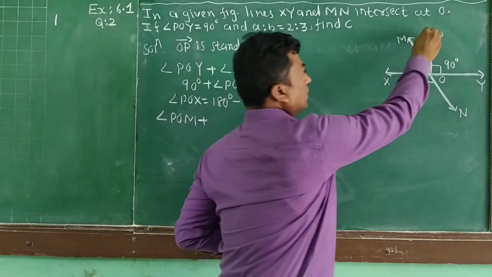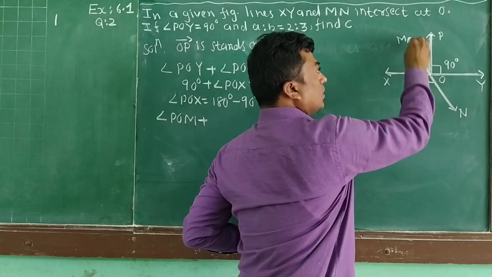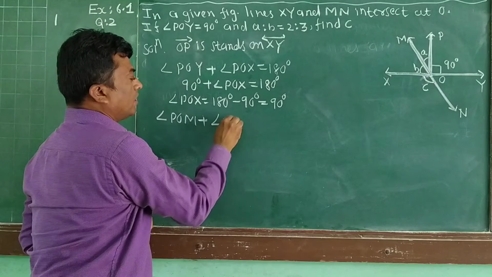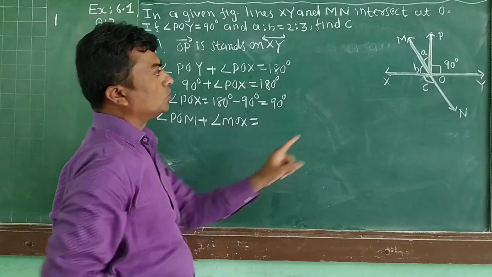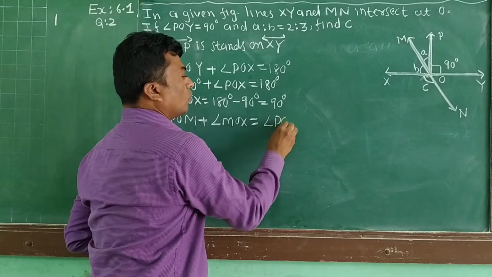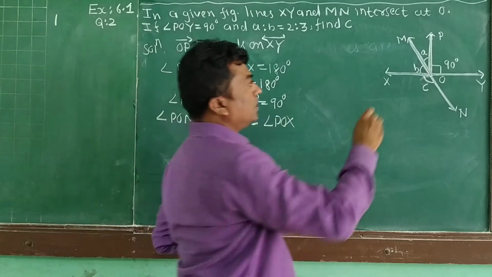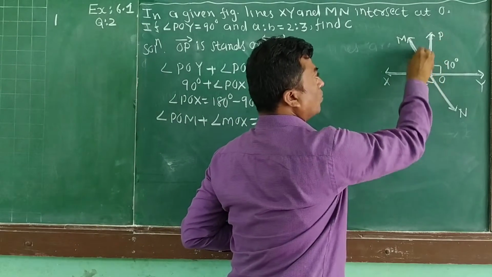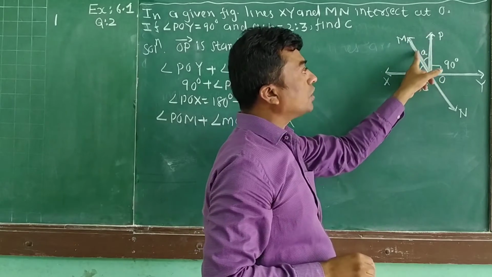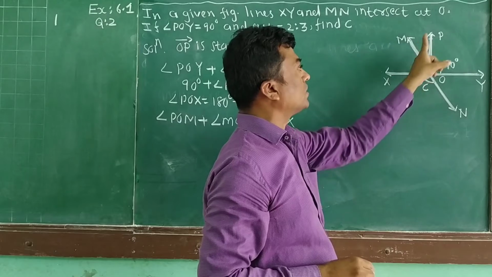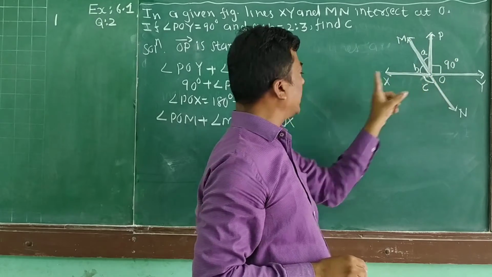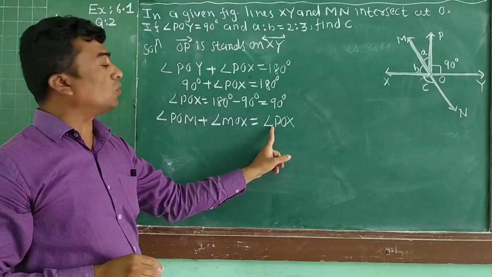Again I am explaining. See children, this is angle PON and this is angle MOX, and both sum is what? Angle POX. This angle PON plus angle MOX is equal to angle POX.